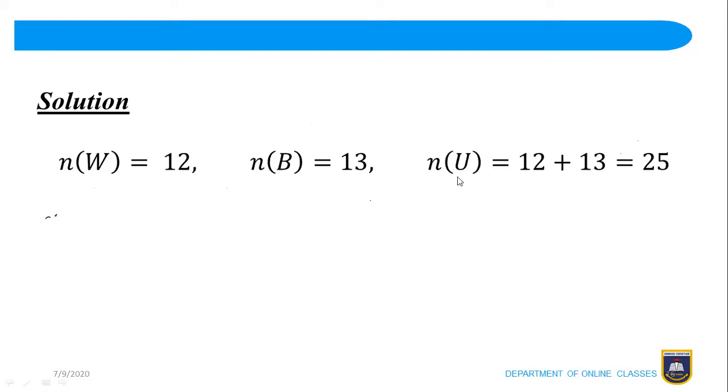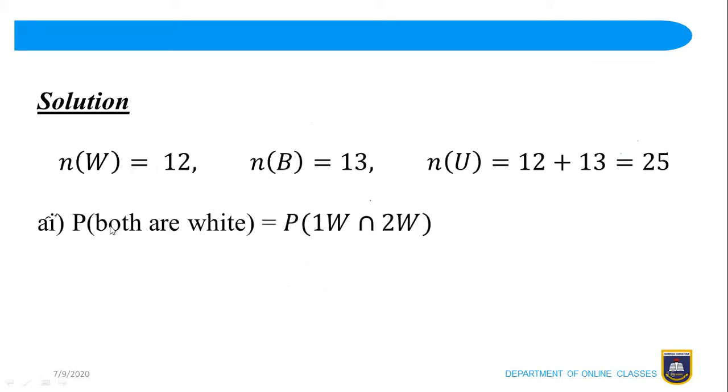The total number of balls is 12 plus 13, giving us 25. Out of the 25, we want to select a certain number. We have to find the probability that both balls selected are white. So the probability that the first ball is white and the second ball is also white.